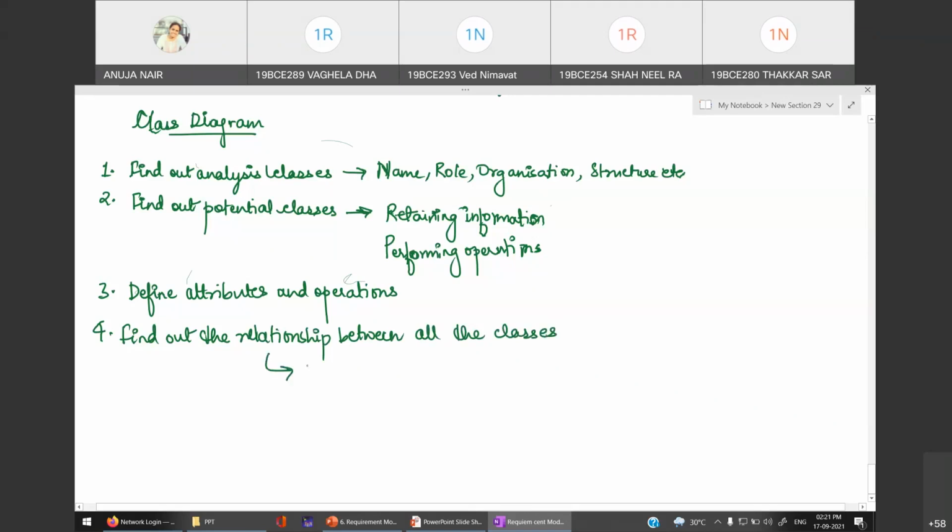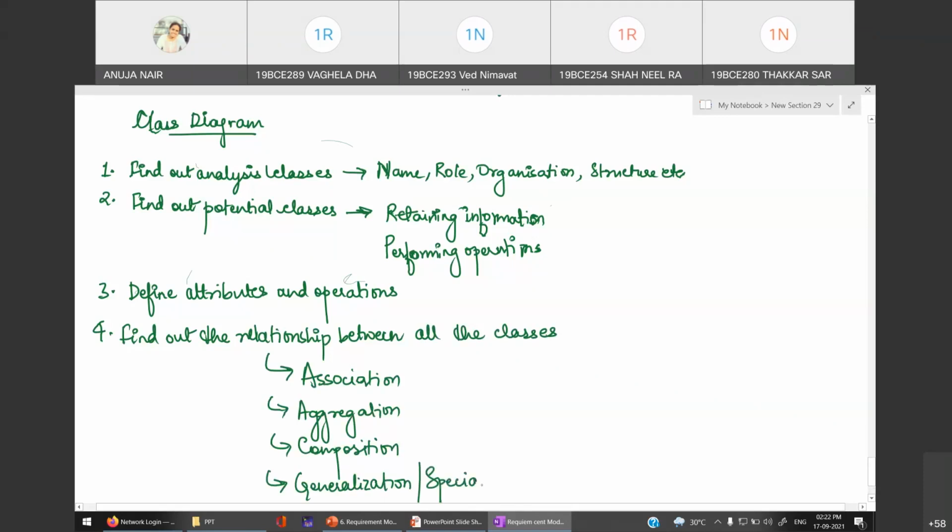Relationships we have already talked about: association, then aggregation, then composition, and what? Generalization and specialization.